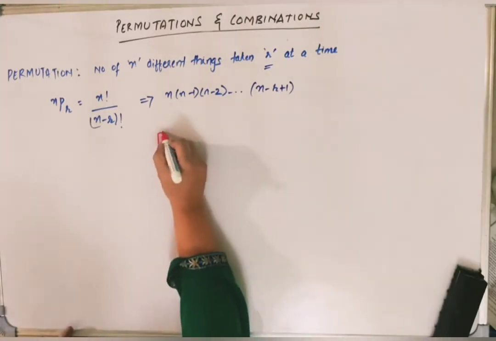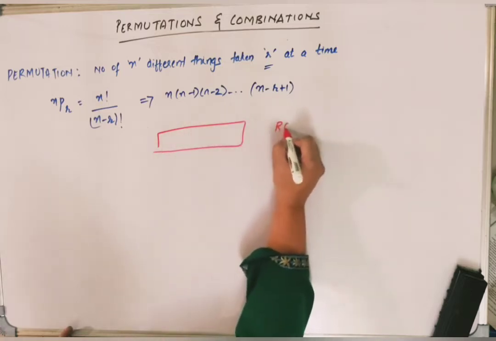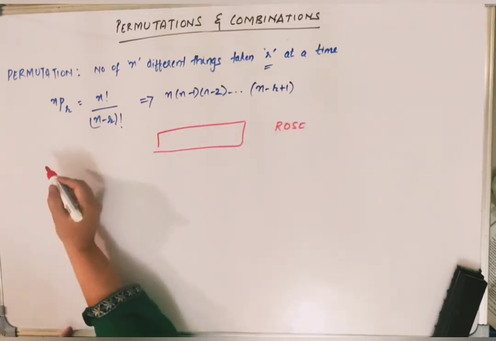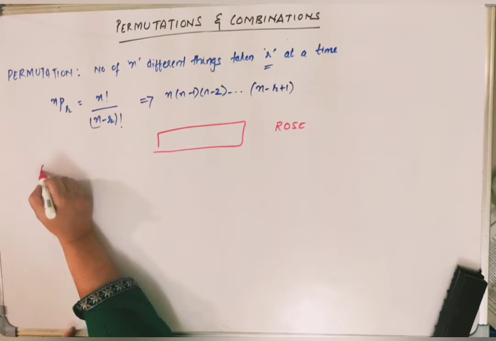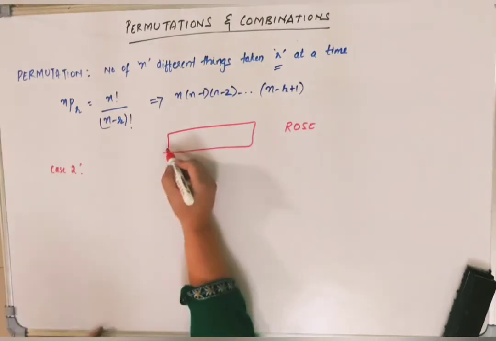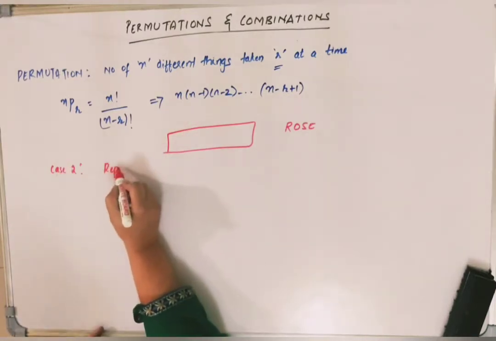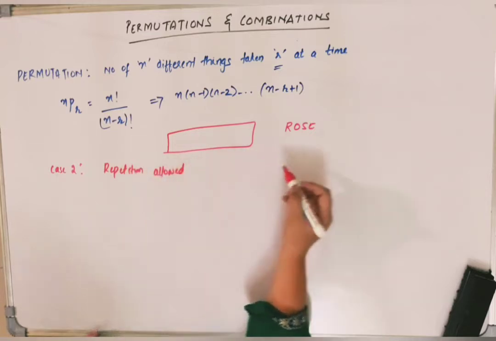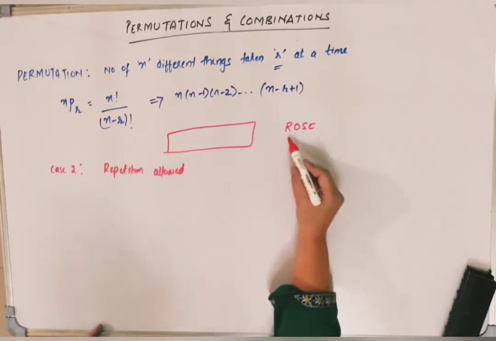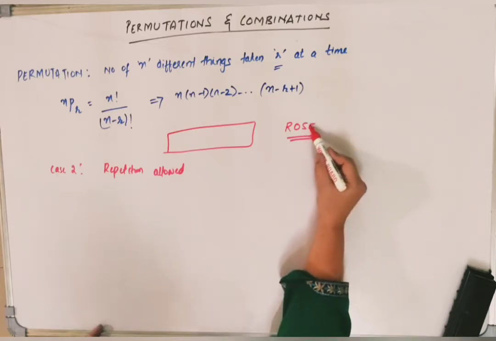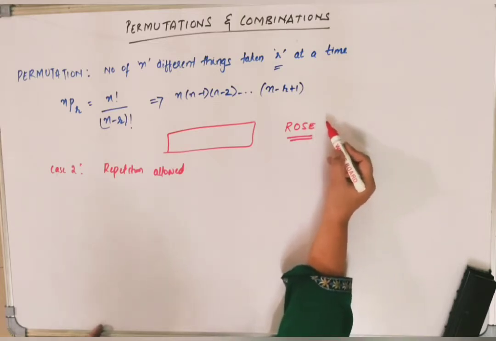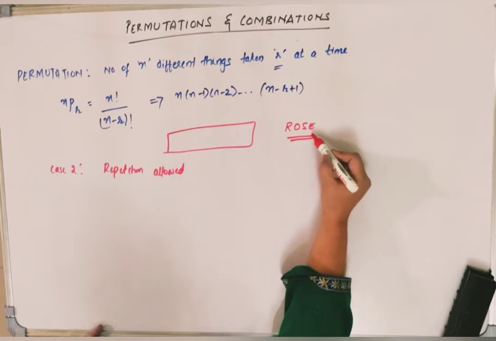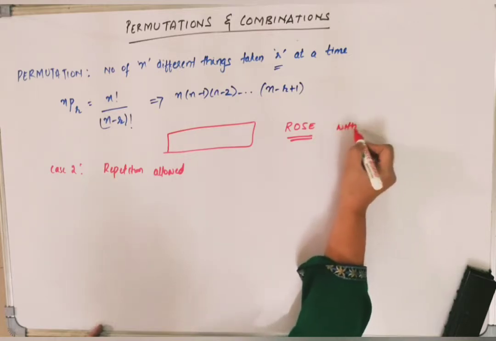Now I'll take the same example, rose. The earlier one was case 1. Now I'll take this as case 2. In case 2, repetition is allowed. Now I have to find out the number of words that I can form with these 4 letters with repetition.